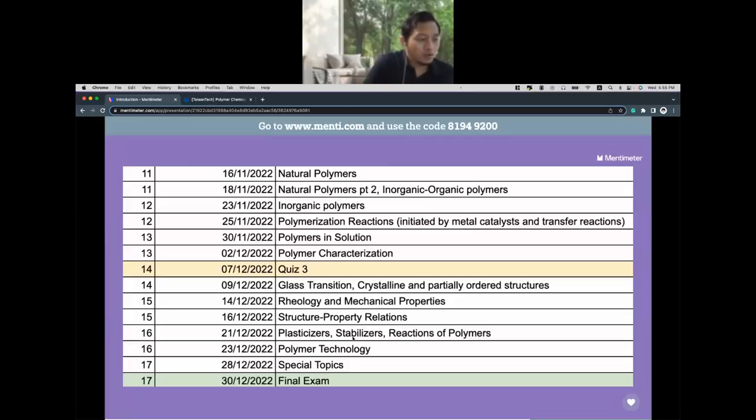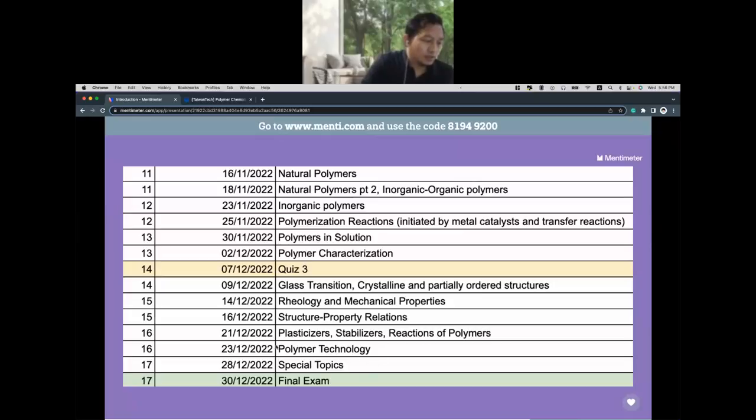But this part depends on the subject, like polymers in solution, polymer characterization. They are small subjects, but we are going to see each topic. And then we have others as well: rheology, the mechanical properties, how the viscosity and so on. Stabilizers, reaction of polymers, there are some reactions.